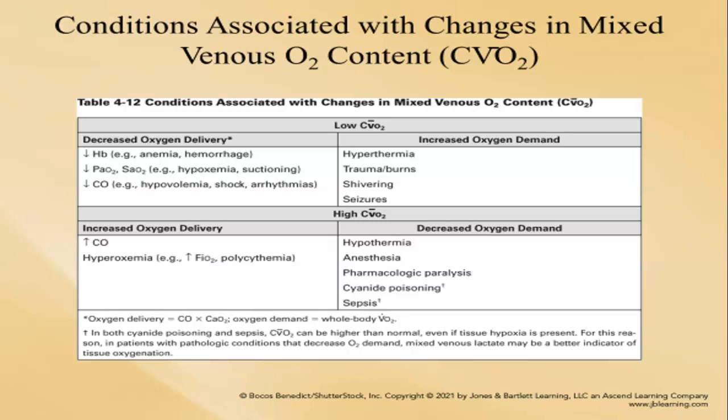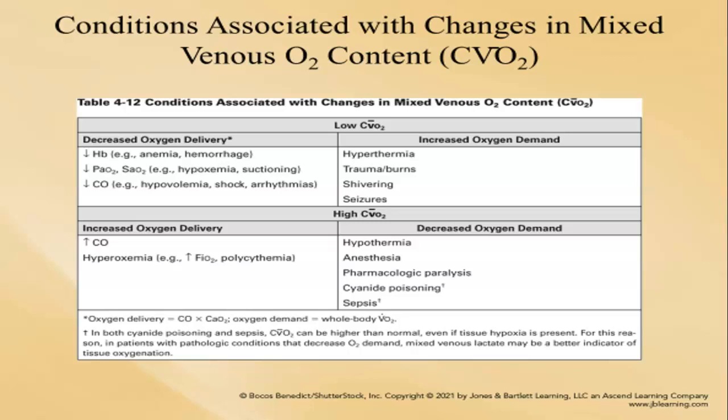So you're saturated fine with what you have, and your PO2, the dissolved oxygen, is fine. But when you get to the venous side, you'll see that it's really low. And it could be because there's just not enough trucks, right? Or, of course, if your saturation and PO2 are low, your venous side is going to also be low.